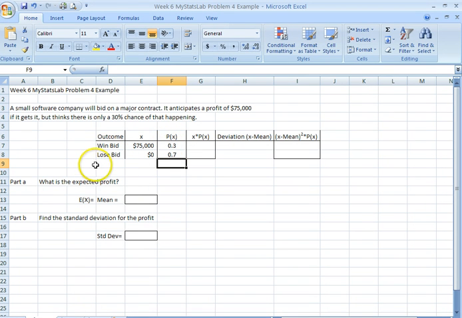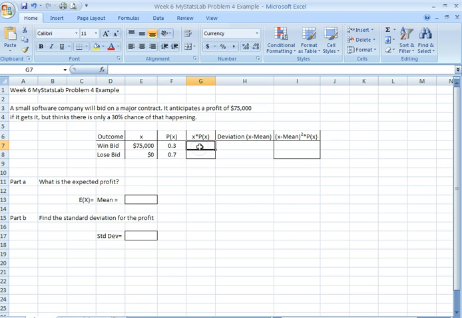So now we can find our expected profit. How? Well, the expected profit is the sum of all of the outcomes, x times p(x). And we have two outcomes here, so all we have to do is find x times p(x) for these two outcomes, add them together, and that will be our expected profit.